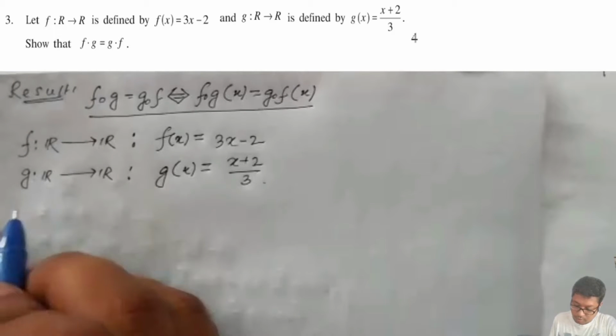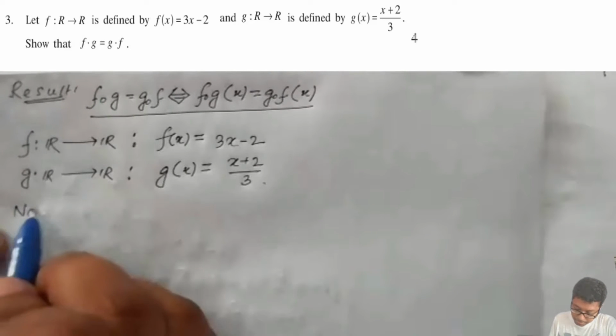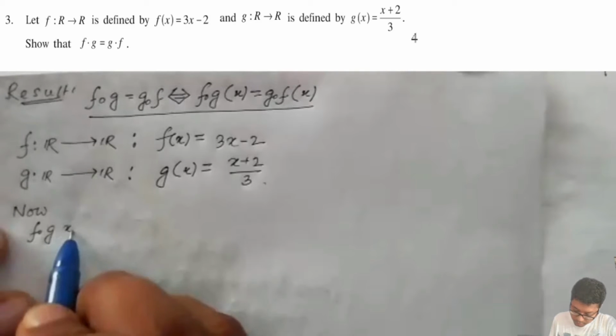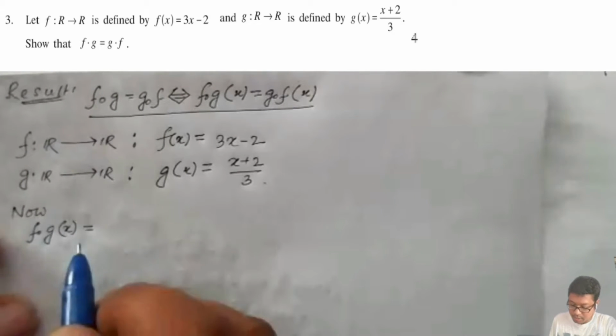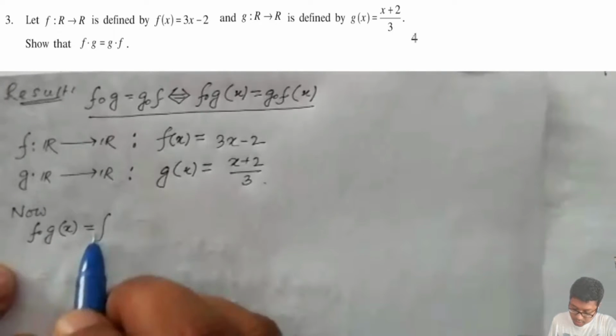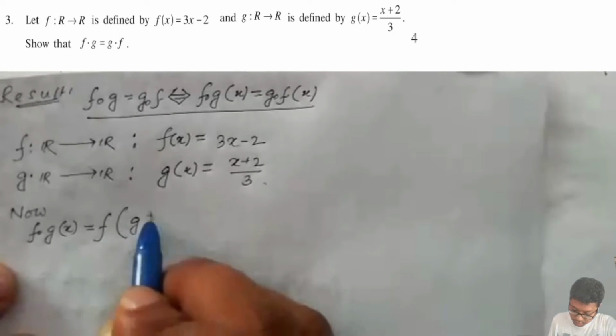Okay, first of all we will find f dot g of x, and from the composition of functions this is equal to f of g of x.